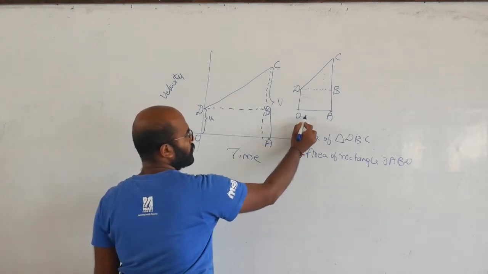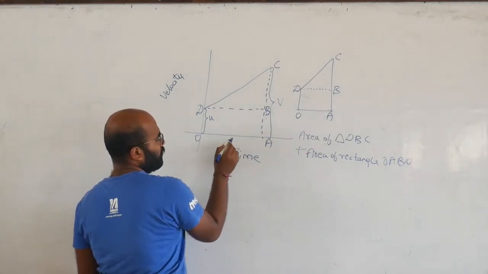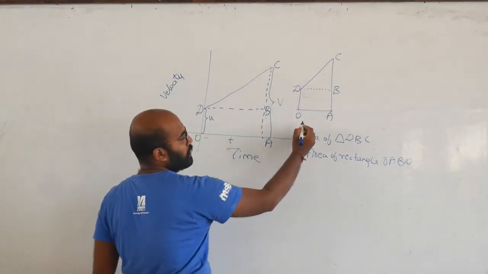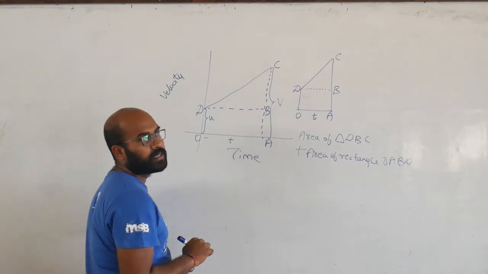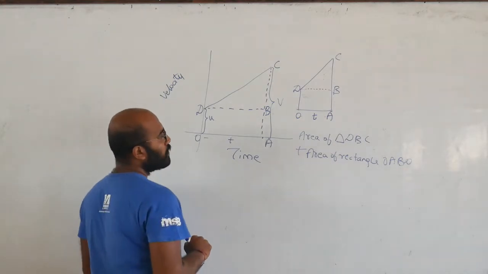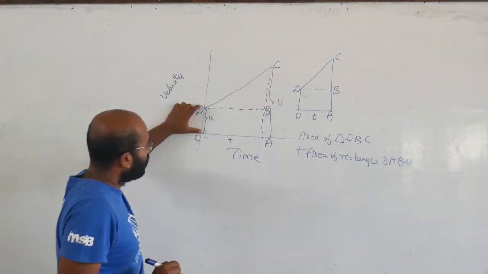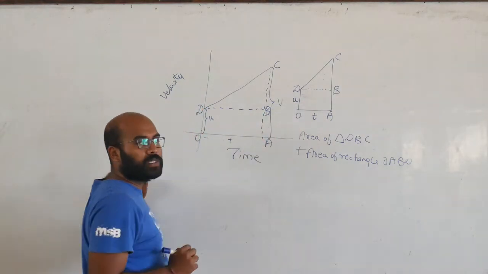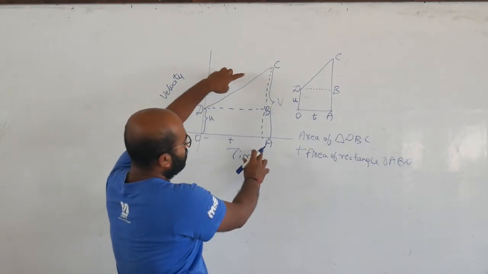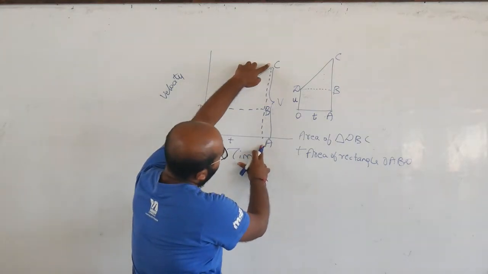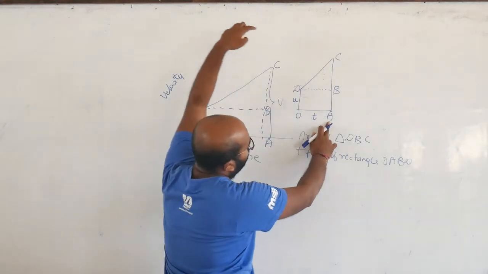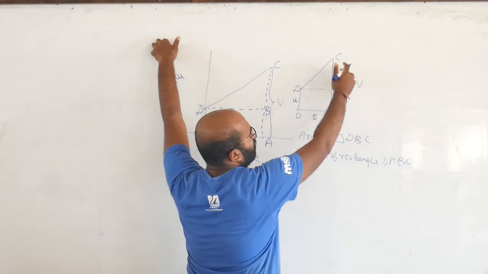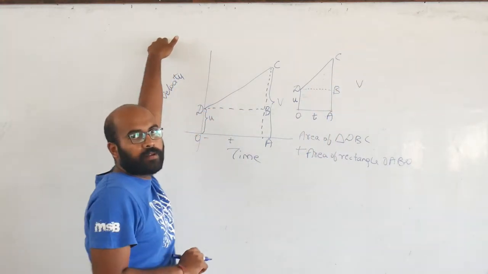So what is this OA? If you see here, this length is nothing but time, that is t. OD is nothing but initial velocity, that is u. Whereas AC is final velocity, so this is v.